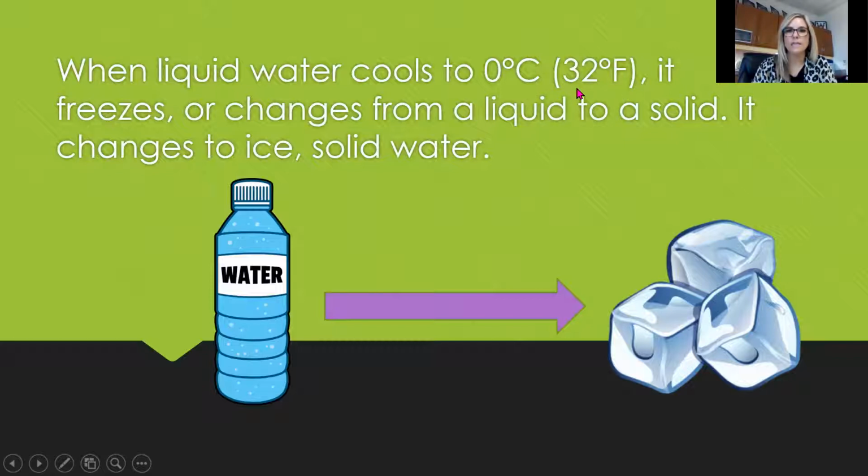A lot of times here in the US, we refer to things in Fahrenheit. When water cools to this degree, it freezes, or changes from a liquid to a solid. It changes to ice, which is nothing but solid water.